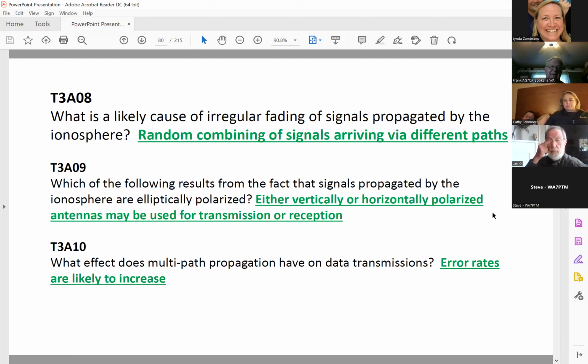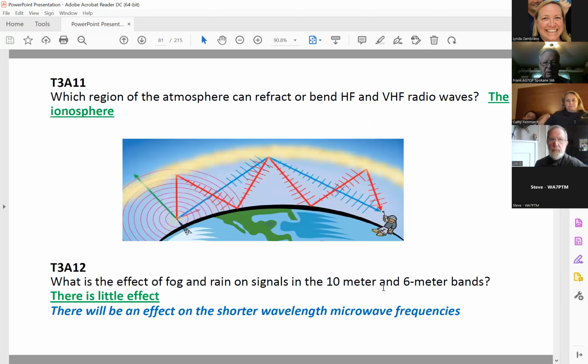That's why we have the Skywarn system, so that people can tell them what's happening on the ground. Probably much more than what you want to know about radio waves and propagation. But there's a lot of things that can affect propagation, which is one of the reasons why we continually test our equipment. All right. Anything else on propagation? And by the way, seeing it bounce off the ionosphere, that's that picture right there.